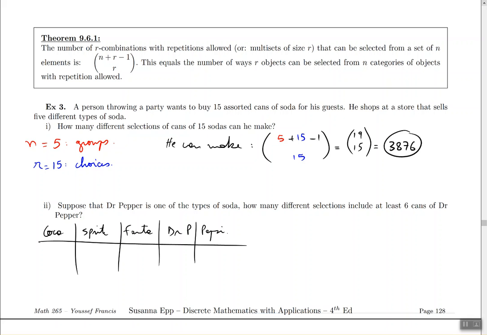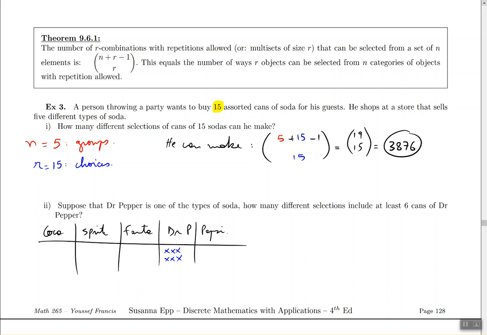Okay, so the person wants to buy at least 6 cans of Dr. Pepper. So he has to select right off the bat 6 cans of Dr. Pepper, and maybe more. Now how many choices does he have in total? In other terms, how many cans of soda is he planning to buy that day? Well, he's planning to buy 15 cans of soda at the end of the day, but 6 of them or more have to be Dr. Pepper.